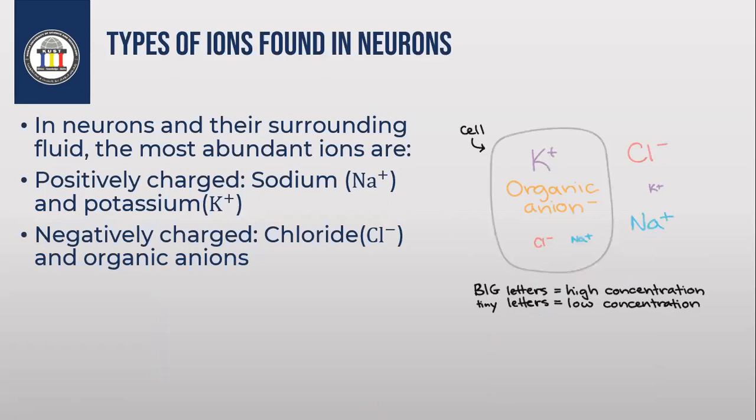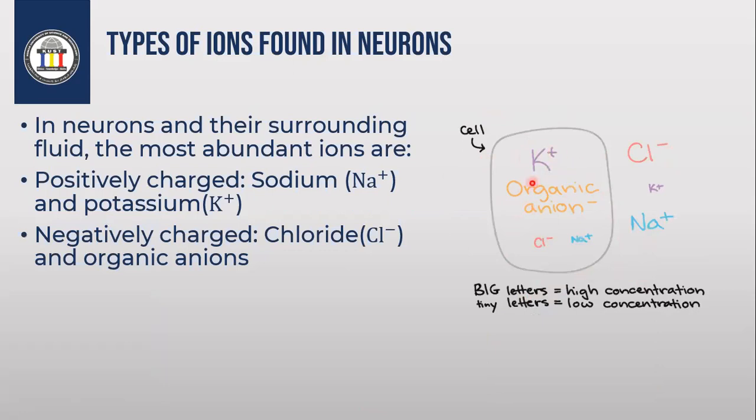So we said there are ions inside and outside, positive and negative. What are the types of ions we have? We have K plus, we have organic anion, we have Cl, and you have Na as well. So from here, you can see the big letters, which mean high concentration.